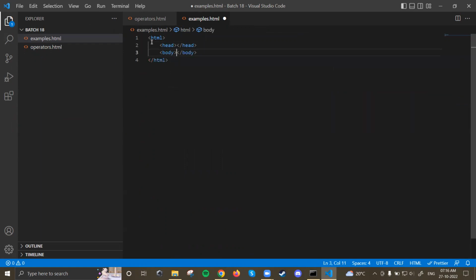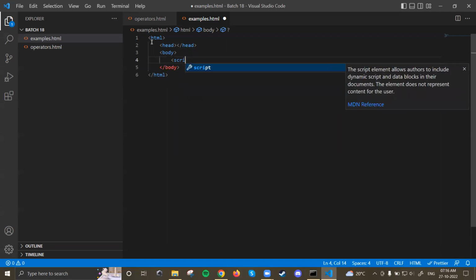So here, we'll see some examples where these operators are being used. Some small assignments, some small tasks where we'll try to use these operators to solve the problems.